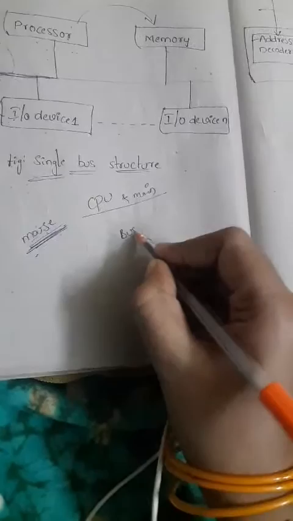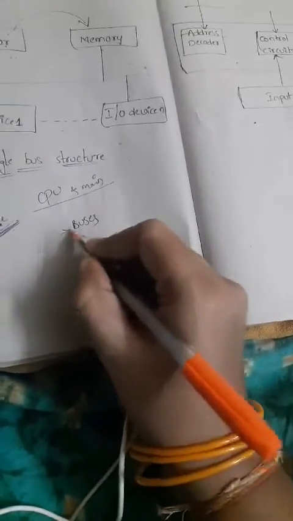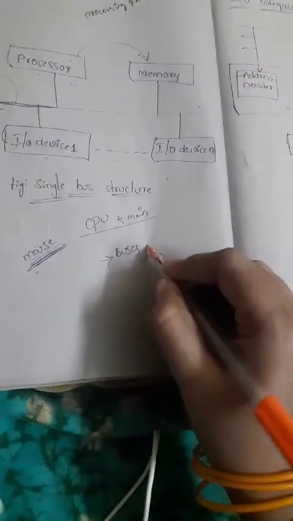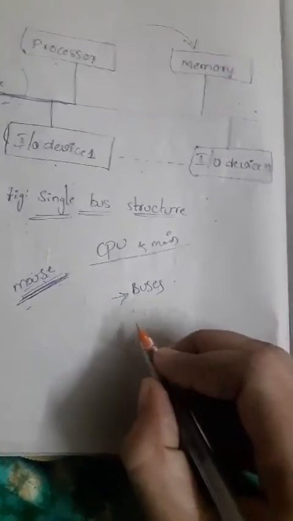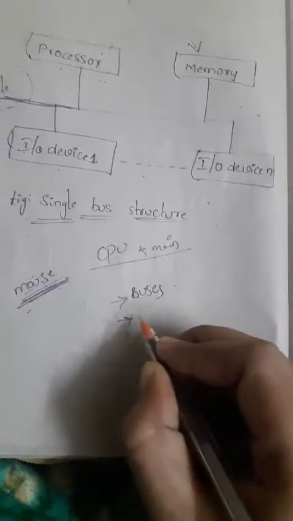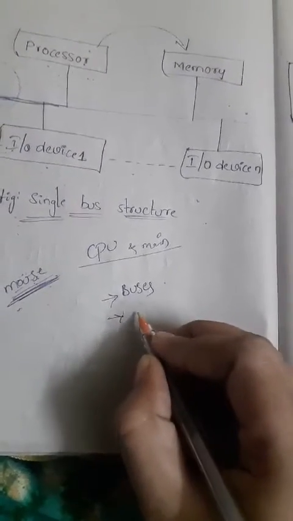Okay, so in the bus we have totally 3 types. I already explained the bus classifications, you know that already. So buses are generally classified into 3 types. The 3 connections that are available in the buses help to start this communication.